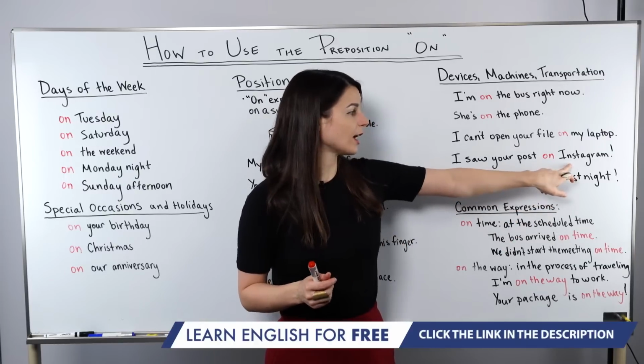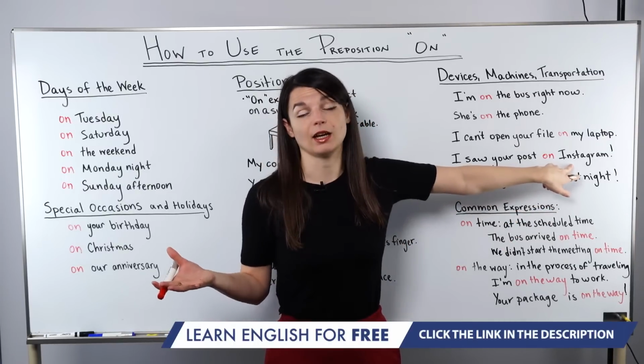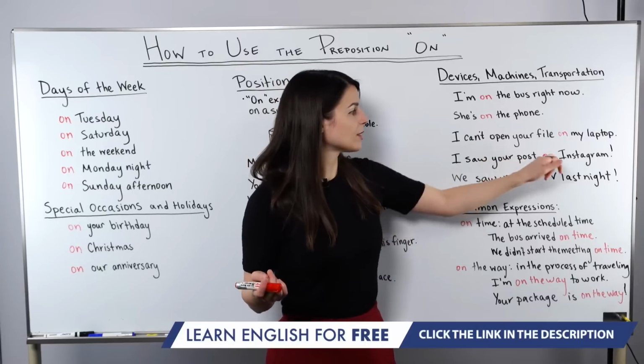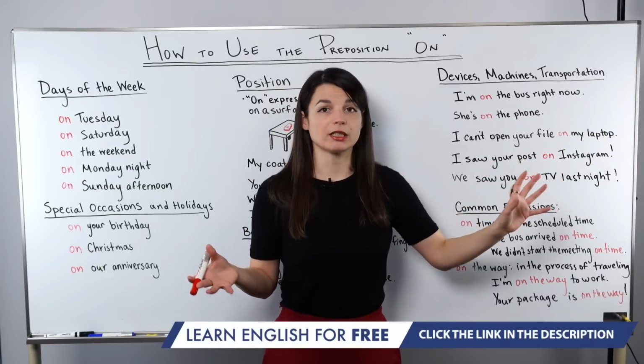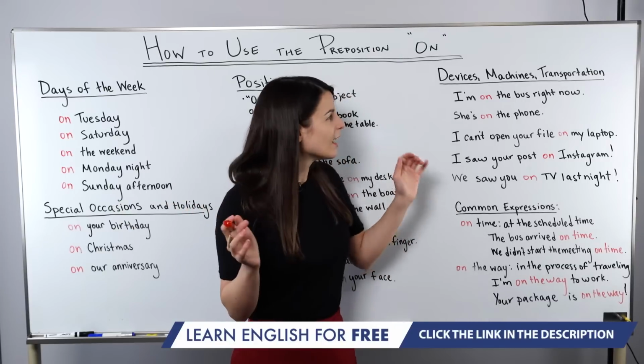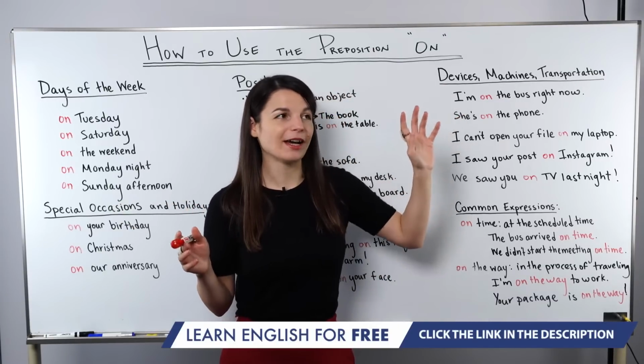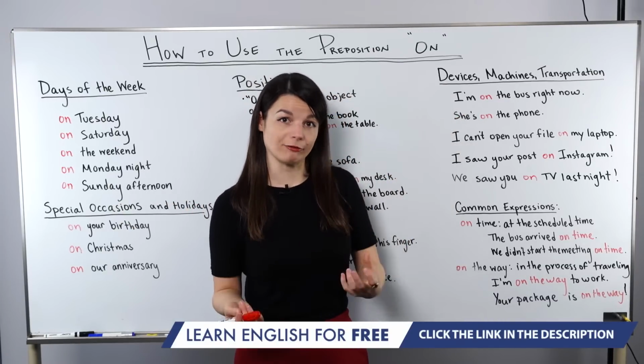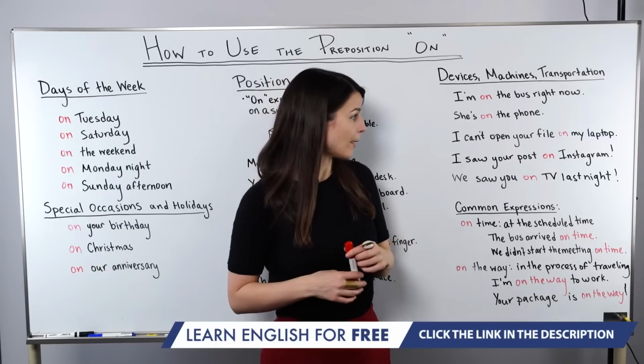So here, Instagram, you could replace this with anything online. I saw your post on blah, blah, blah. You could use this for blog articles, publications, whatever. So it's not a device, but it's a digital platform. So we use on to talk about that.